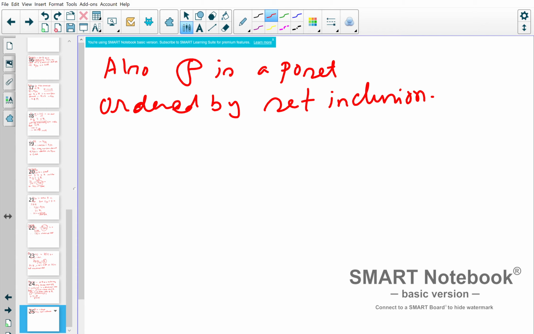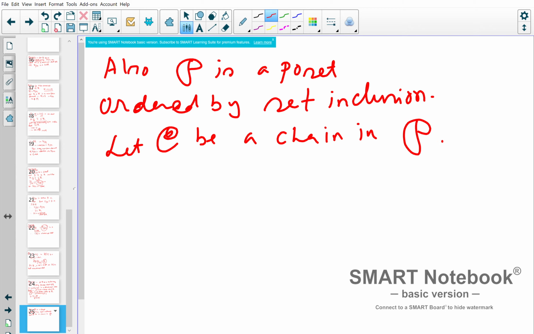And now, to use Zorn's lemma, what do I need to find out? We need to show that every totally ordered subset, or whatever we call a chain, has an upper bound in the set, then the whole thing has a maximal element, right? So let C be a chain in P. Okay, so this is my symbol. So I'm assuming a chain in P. Chain means inside C this is totally ordered.